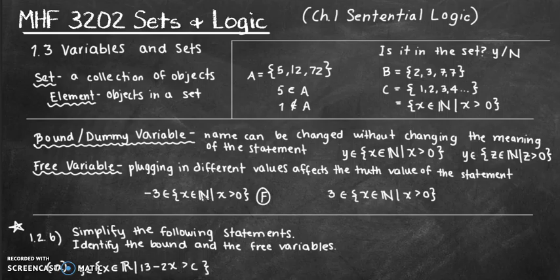It's not a natural number because it doesn't start from 0, 1, 2, 3, 4, etc. And it's not greater than 0. Whereas if we change what we plugged in to 3, then this statement does become true. Like 3 is an element of this set here because it comes from the set of natural numbers and it is also greater than 0.